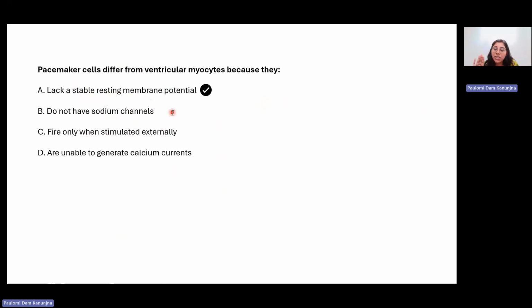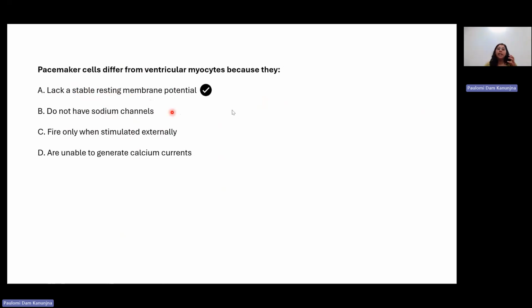It starts from minus 60 to 70 and goes to minus 40, right? And this movement from minus 60 to minus 40 is unstable. It slowly drifts towards the threshold. It doesn't really stay at minus 60, it keeps going towards the threshold so that it can depolarize, right?